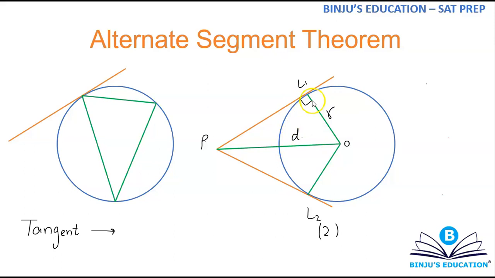And since this angle is equal to 90 degrees, I can use the Pythagoras theorem in triangle PL1O, and I can say that PO squared is equal to PL1 squared plus OL1 squared. So d squared, and let's call PL1 as x so that it's easier for us to do the calculation, equals x squared plus r squared, and from here I'll get x is equal to the square root of d squared minus r squared.